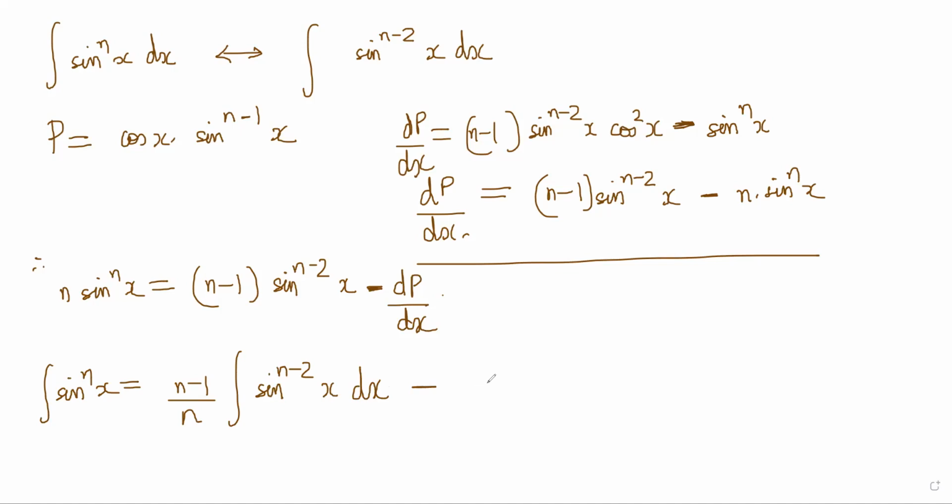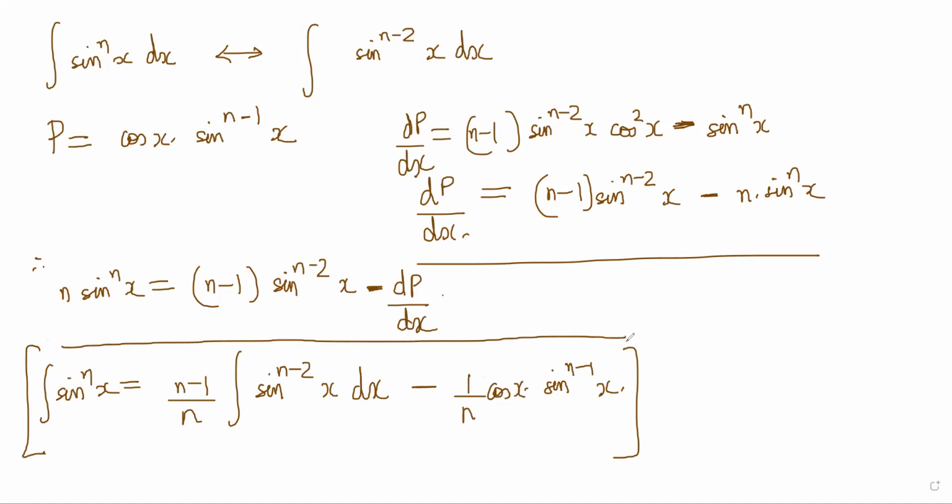So we get (n minus 1) by n into cos x into sine power (n minus 1)x. This general method is useful to us because we are able to find the reduction formula for sine also, just sine power nx. Similarly, you can find the reduction formula for cos as well.